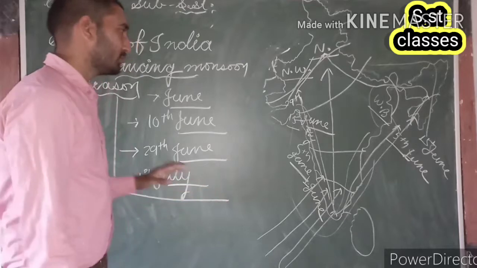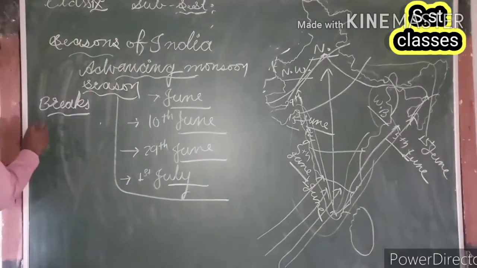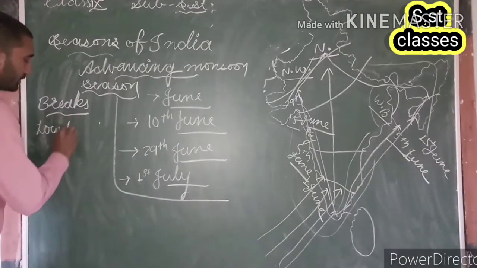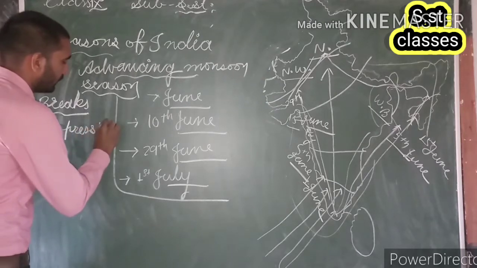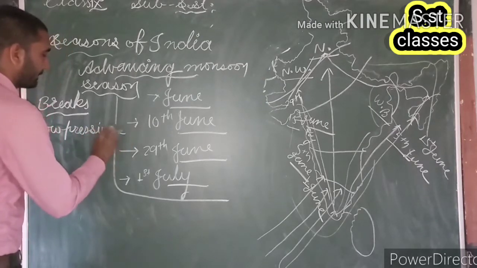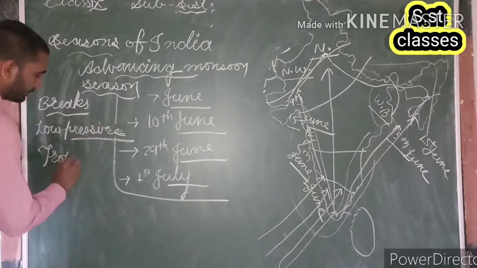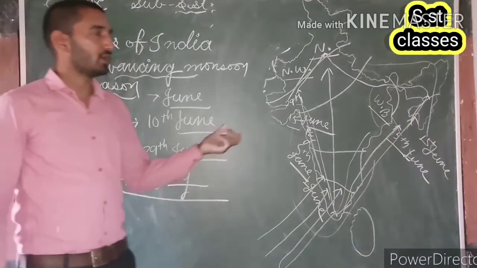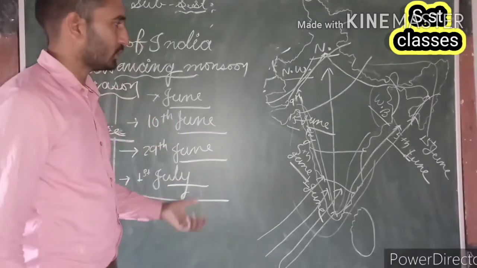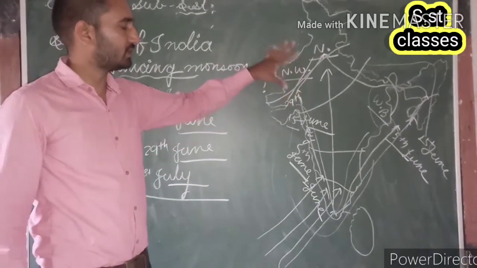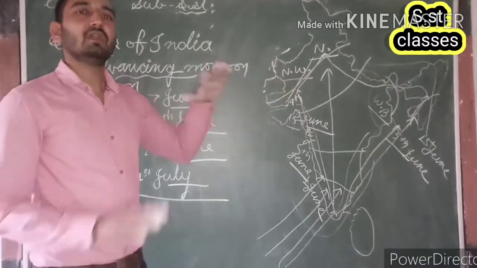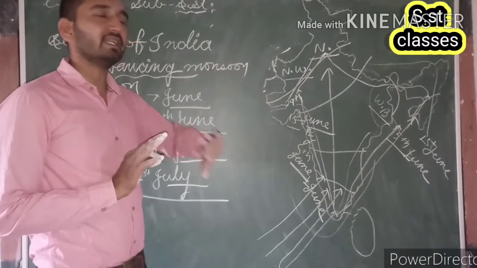Is that clear? So because of the movement of low pressure trough, the different regions of India receive varied amounts of rainfall.